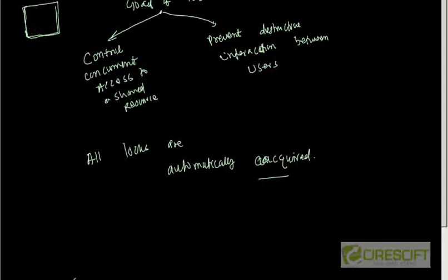With this, let's understand the different types of locks. There are three different types of locks. The first one is the DML lock. DML locks are acquired when you run DML statements like select for update, insert, delete, update, and so on.